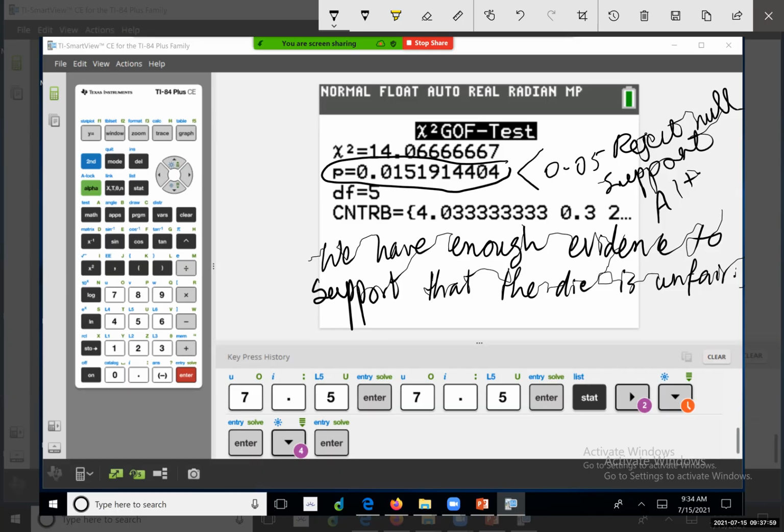You're supporting the alternative, and the alternative was saying that they are not matching. If they are not matching, it means the die is unfair because expectation is significantly different than observed by the p-value. Okay, any question?